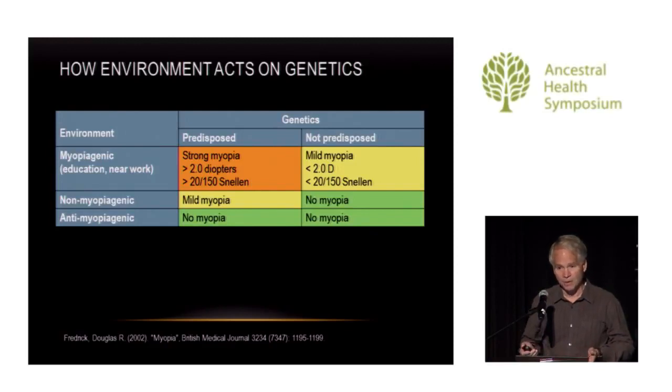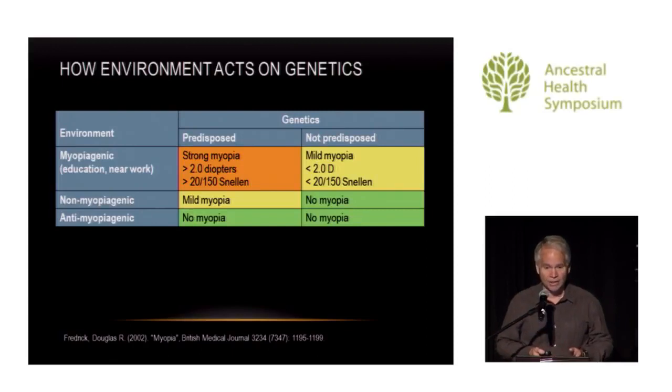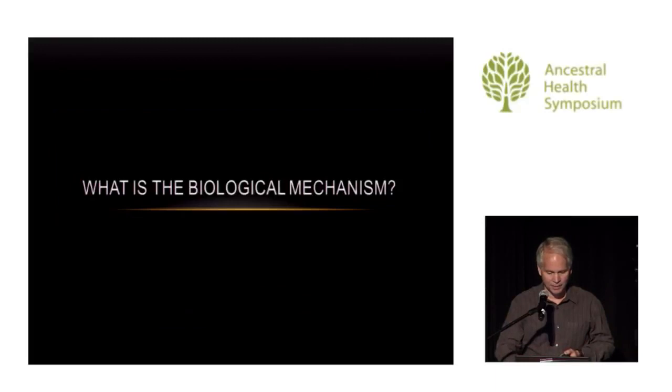Whereas if you're not predisposed and you had those habits, you might get some milder myopia. However, if you had practices that were non-myopogenic, basically either a low level of education or an occupation that didn't involve a lot of near work, there was either mild or no myopia. It's a very interesting paper.